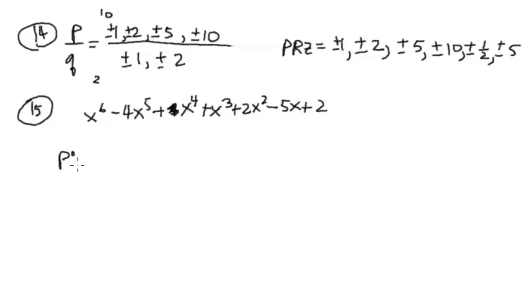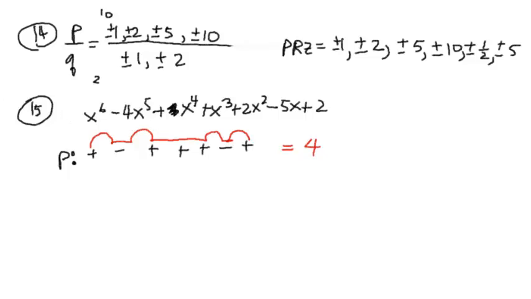Now looking at all the positive zeros, you have a plus, minus, plus, plus, plus, minus, plus. So how many times is it going to change signs here? I have a 1, 2, 3, 4. So there's 4 positive sign changes.